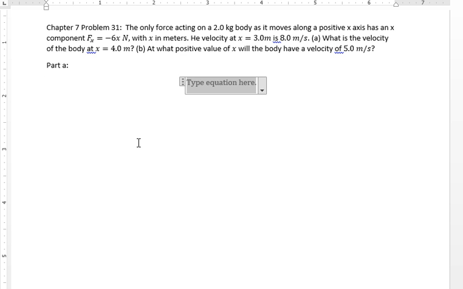Alright, so we're going to go with K final minus K initial is the work done on the body. So delta K is the mechanical work done on the body. The mechanical work in this case is given by this integral of F of x dx.